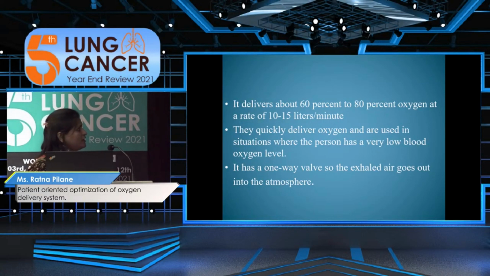Then it delivers about 60 to 80% of oxygen at a rate of 10 to 15 liters per minute. They quickly deliver oxygen and are used in situations where the person has a very low blood oxygen level, that is hypoxemia and hypoxia also. It has a one-way valve, so the exhaled air goes out into the atmosphere. There will be no mixing of exhaled air and inhaled air.